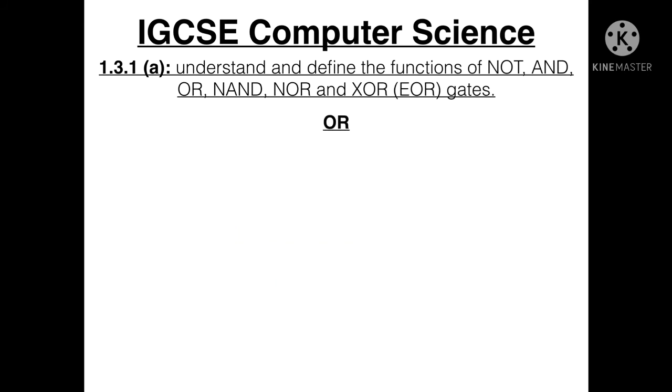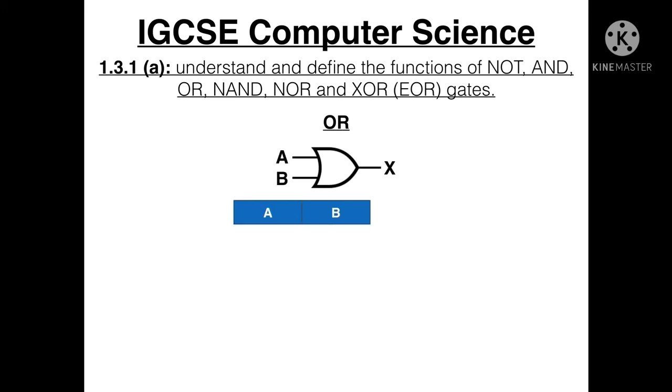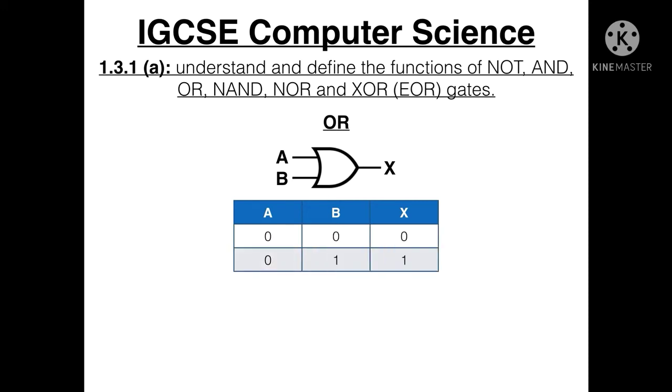The OR gate is a similar idea, but of course a different truth table. Again, we get the inputs and the output, but for OR, 0 or 0 makes 0, 0 or 1 makes 1, 1 or 0 makes 1, and 1 or 1 makes 1. So why does 1 or 1 make 1? Well, basically, the OR gate isn't exclusive, which is what the XOR gate is for.